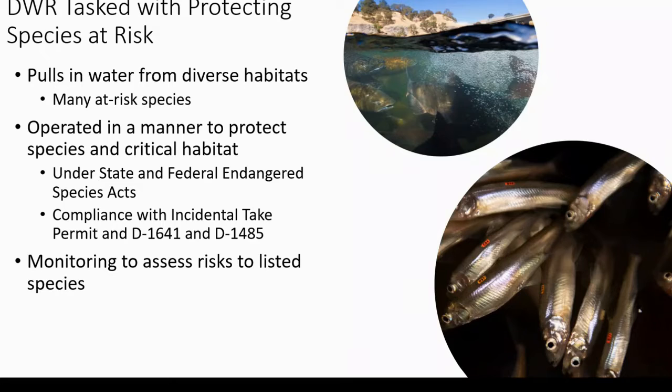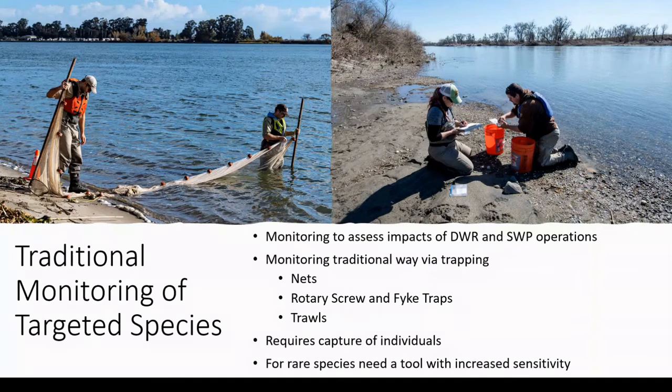So we do a lot of monitoring at DWR, and we have a lot of traditional monitoring of species. This work involves going out and capturing individuals that we count. And there are many ways that we go about this, through various nets, rotary screw traps, pike traps, and trawls.